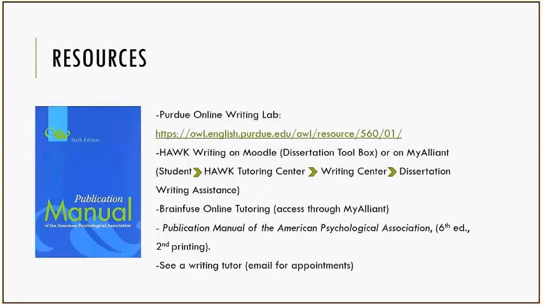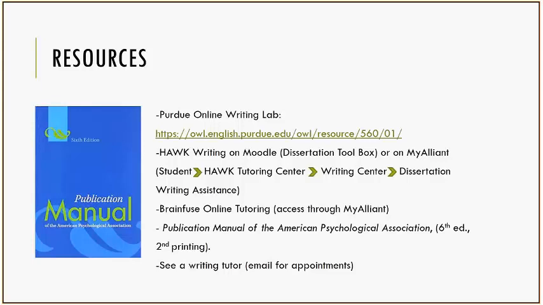Okay, coming to the end of the presentation here. Most of you should know this, but one of the biggest resources to help you with your dissertation is the Publication Manual of the American Psychological Association, the 6th edition. It has pretty much everything you could ever imagine. If you have a question about APA, it's a huge, really great resource. You can get it on Amazon. It's not very expensive, and if finances are a concern, most schools have this for free with the library.